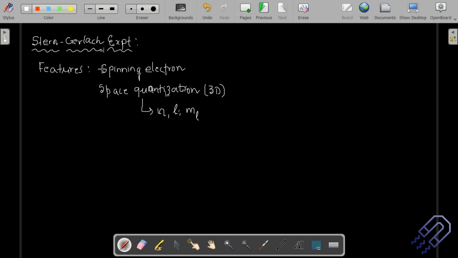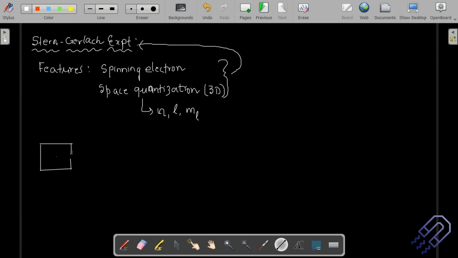Now if we want to verify these features of the vector atom model, a very good experiment is the Stern-Gerlach experiment, which actually explains the vector atom model. What the scientists did was they took a closed enclosure and put some silver atoms in it, and that enclosure is nothing but an oven.